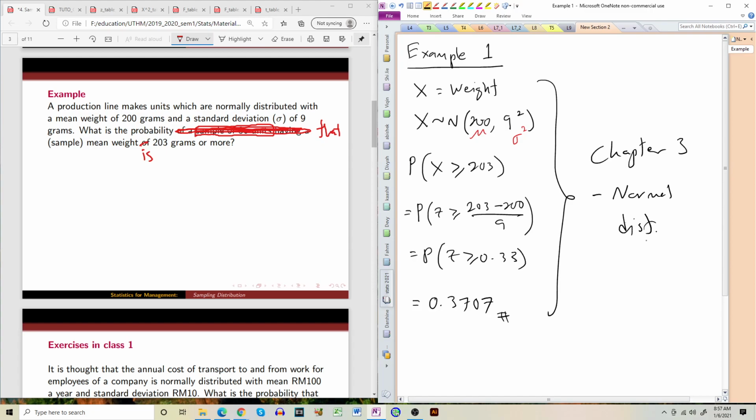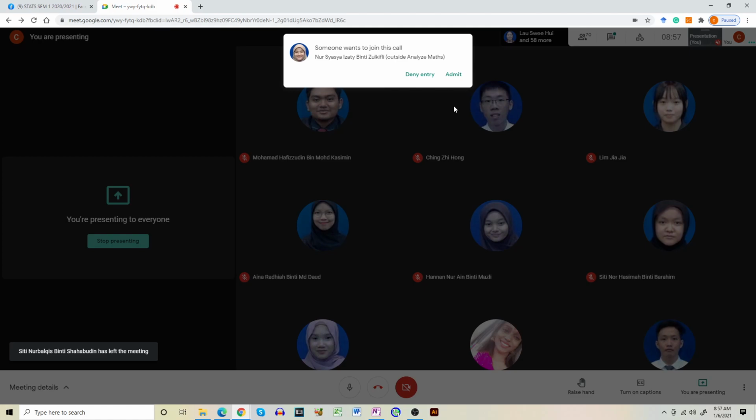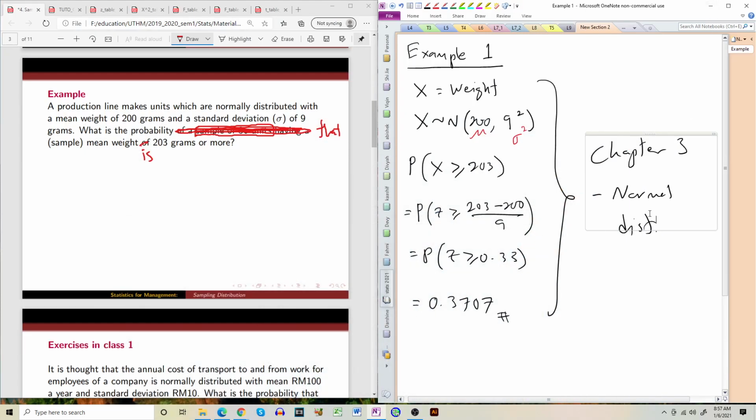Okay, normal distribution. Now the only difference between chapter 3 and chapter 4, the one we are going to do now, is that in chapter 4 they give you a sample size.